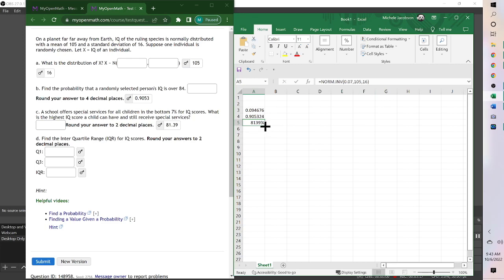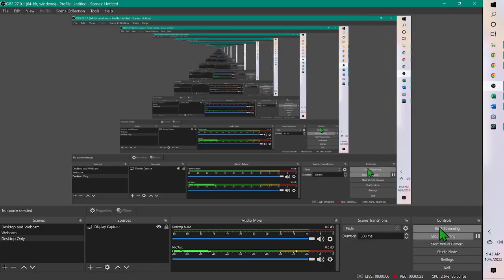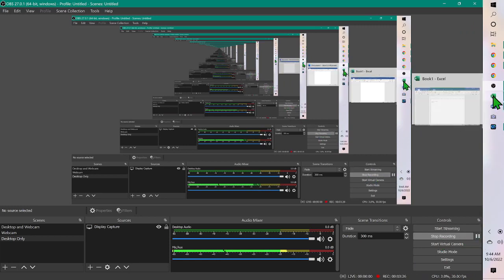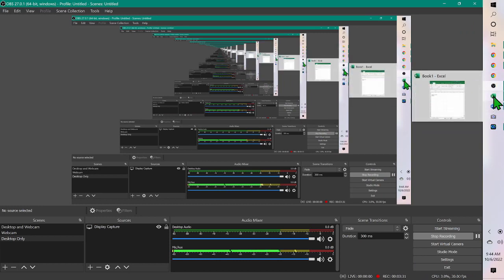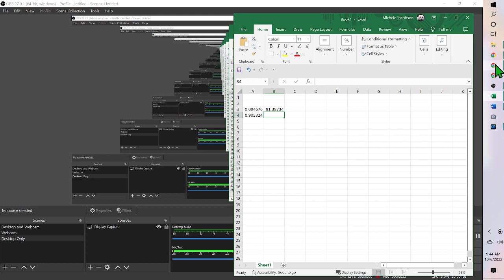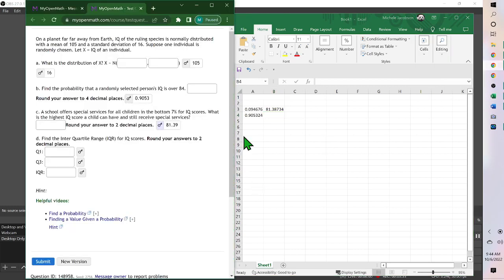Oh, no. Okay, so for that one, it was weird that it was giving me it as a percent, but that one box must have been made as a percent.